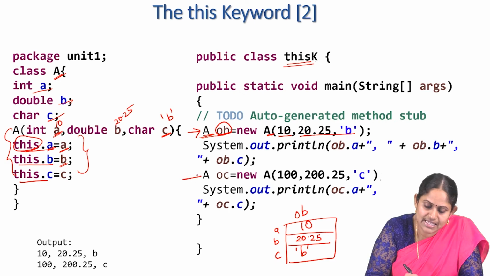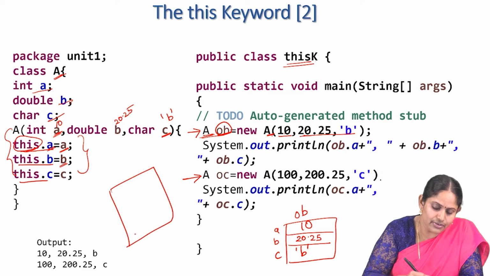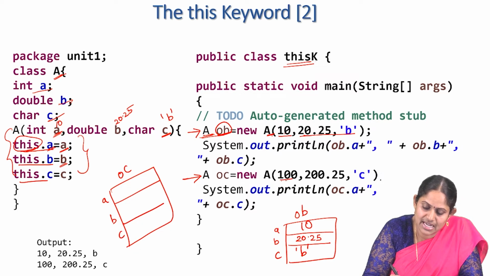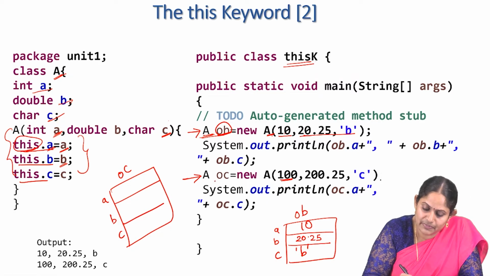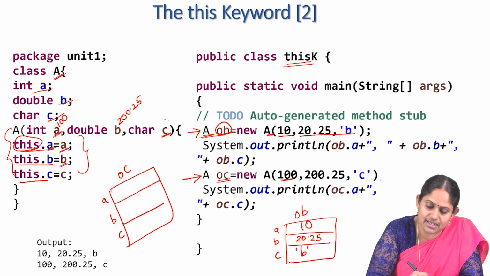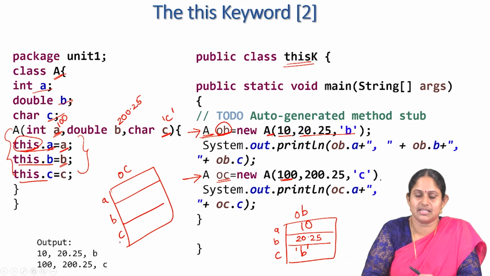Now similarly, in the next case it is creating another object OC. OC will have A, B and C. To OC it is passing 100, 200.25 and character C. So while creating the OC object, the first parameter is 100, so A will take 100, B will take 200.25 and C will take the character C. Now these values are stored into the object's instance variables.